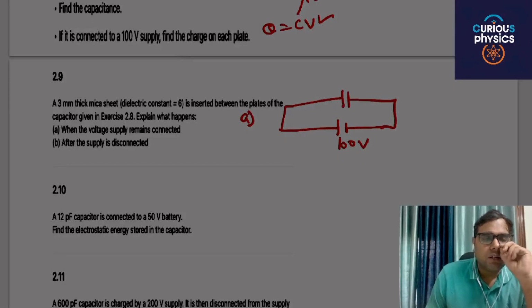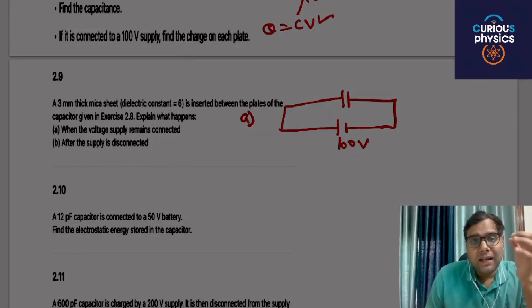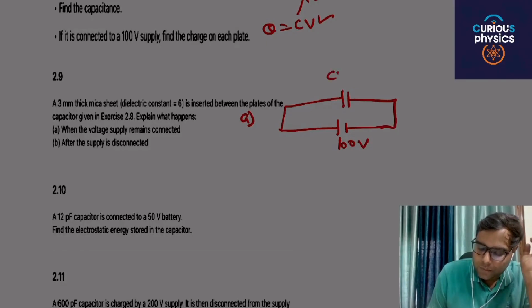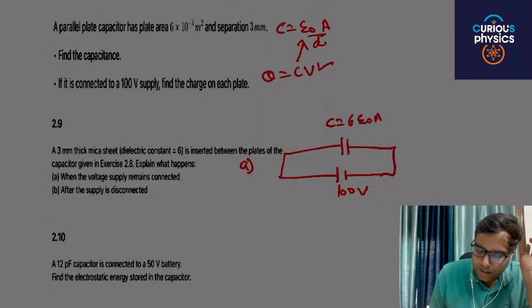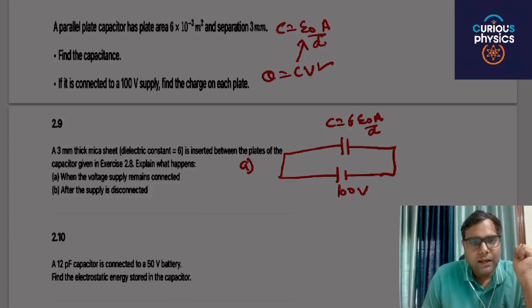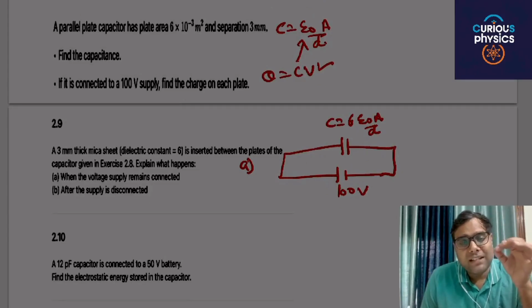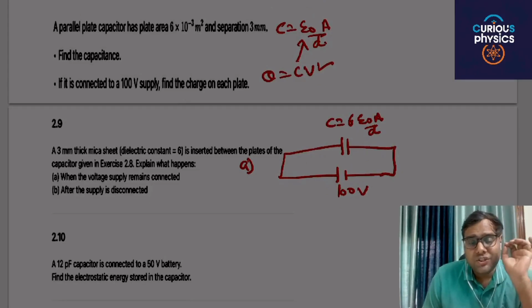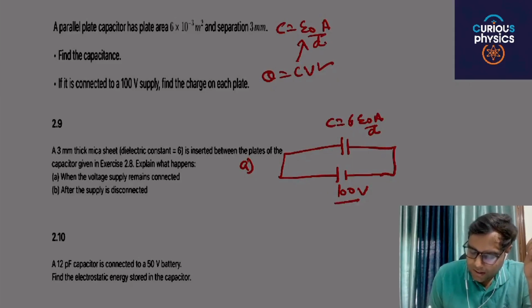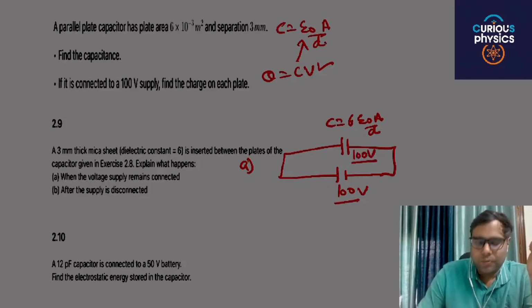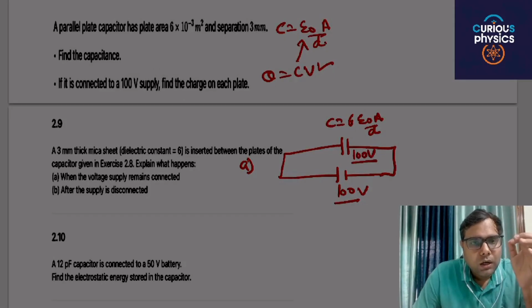If you insert the dielectric, then the capacitance will come out to be 6 epsilon naught A by D. The charge will move until the potential across the capacitor is equal to the supply, which is 100 volt.